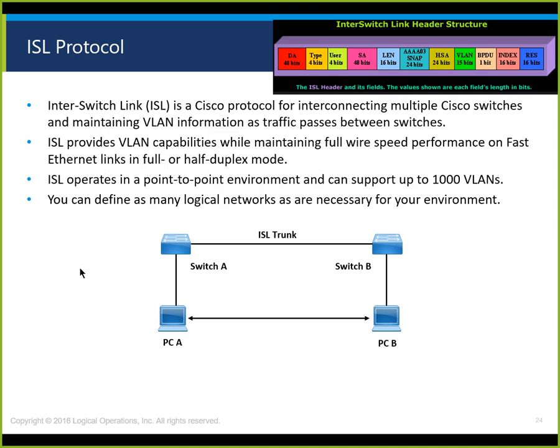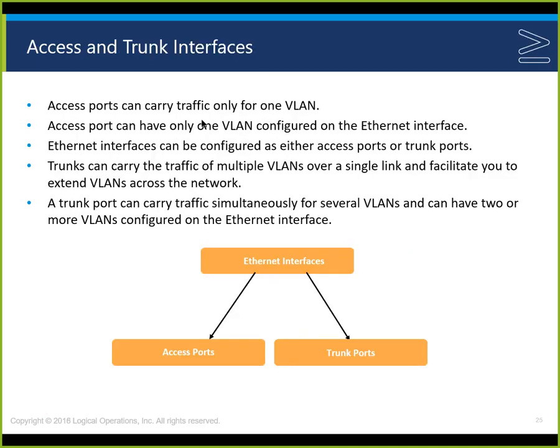It provides VLAN capabilities, full wire speed, operates in a point-to-point environment, and can support up to 1,000 VLANs. It may define many logical networks that are necessary for your environment, but again, you're probably not going to see it. You just need to know that it existed at one time.